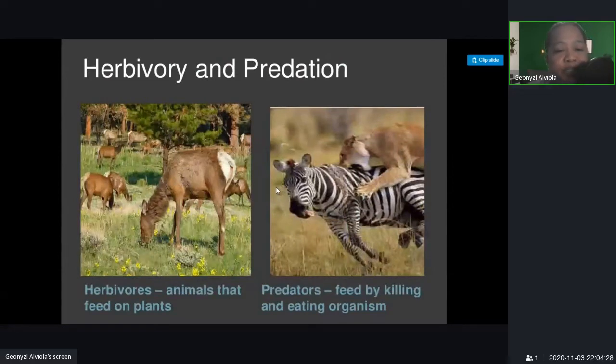Herbivory and predation: the herbivores, like the gazelles, the horses, zebras, and within the zebra population, zebras are also competing on the supply of grasses. Predators like the lions are also competing, aside from having the mate, they also compete for food.